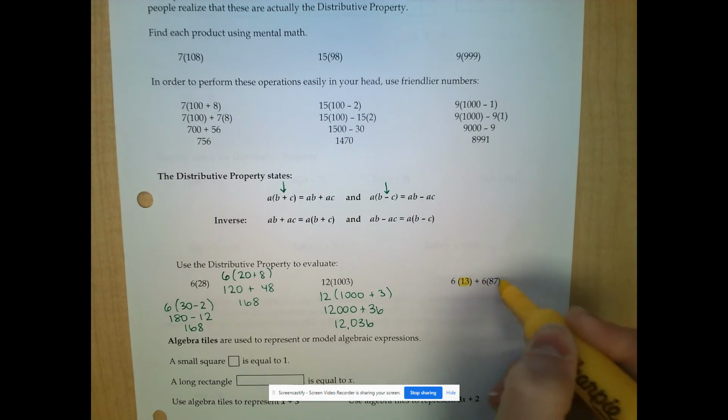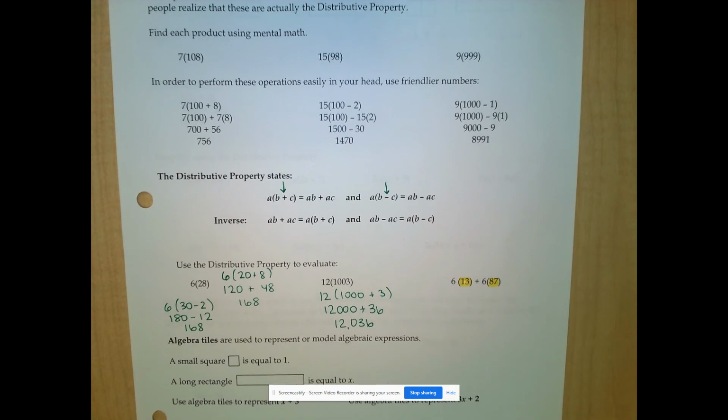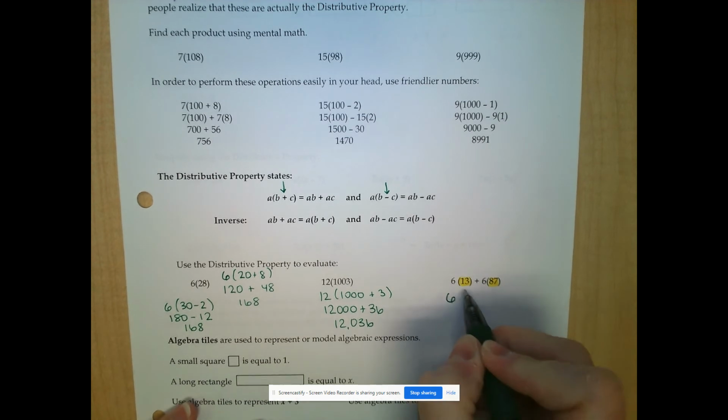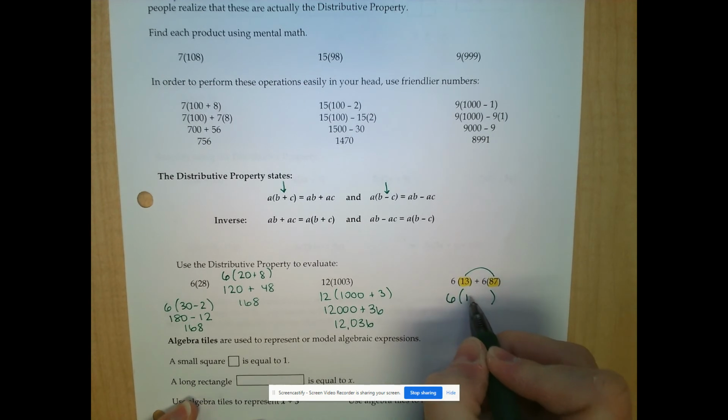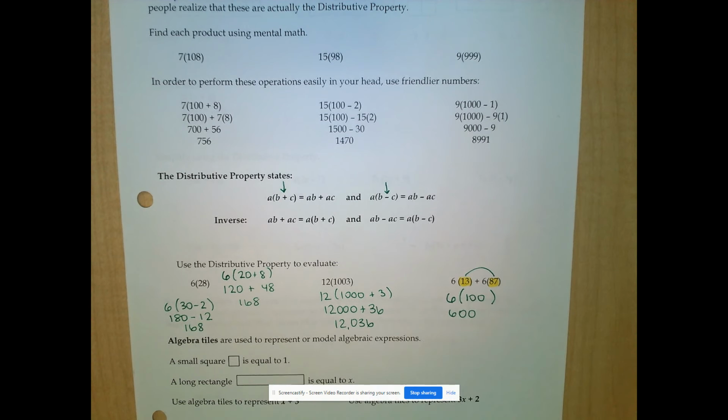So if 6 people each paid 13 and 6 people each paid 87, we can say that 6 people paid, and we can combine the 13 and the 87, which is 100. And 6 times 100 is much easier to do than the 6 times the 13 and the 6 times 87. So you want to look for that. See if there is a way to make the problem easier, either by pulling numbers apart or by combining them if they're being multiplied by the same thing.